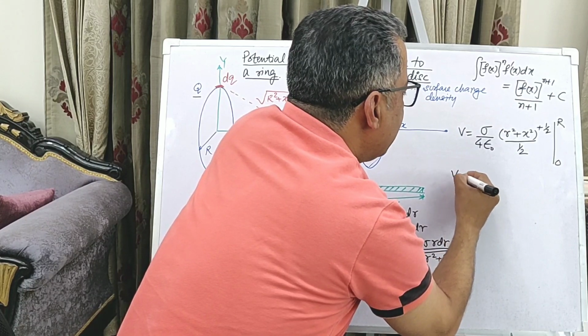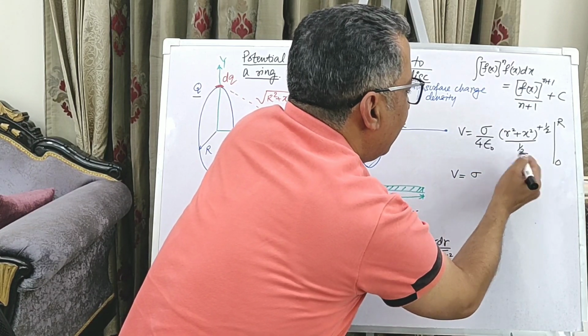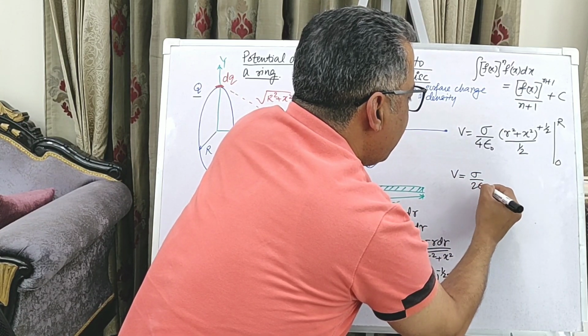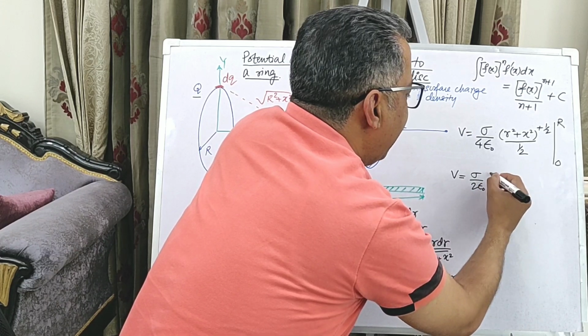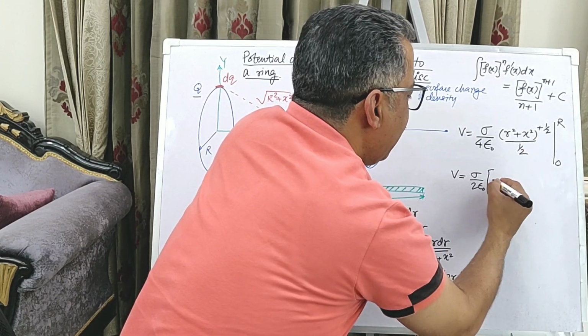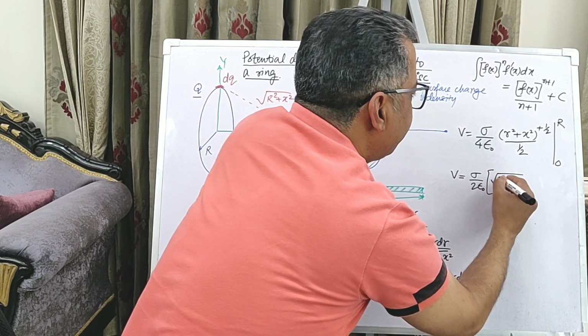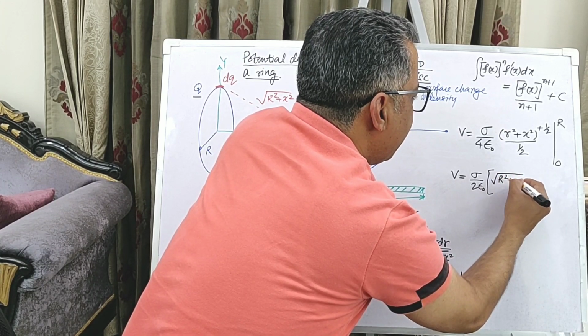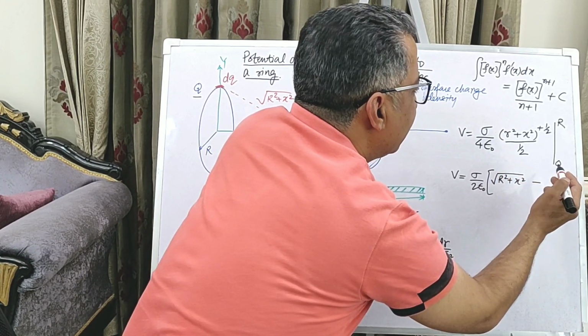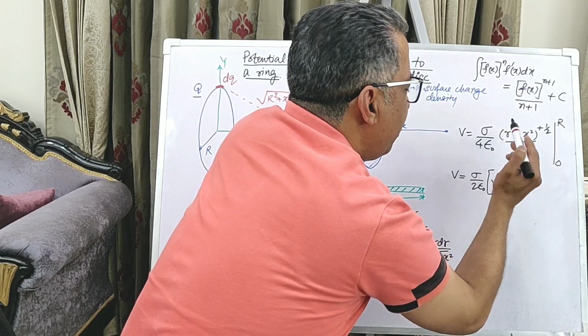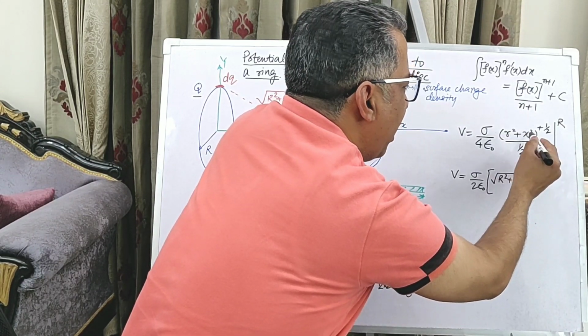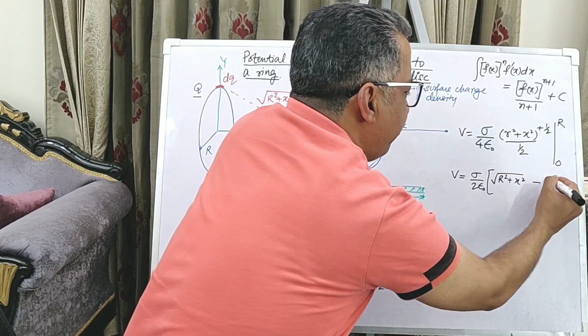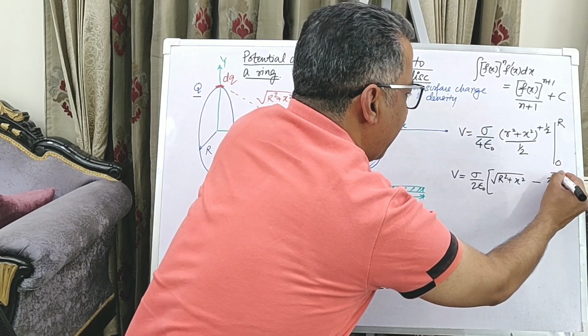So v equals sigma by 2 epsilon naught, and inside the bracket we have root of r square plus x square minus, when you substitute 0 in place of small r, root of x square, which obviously is x.